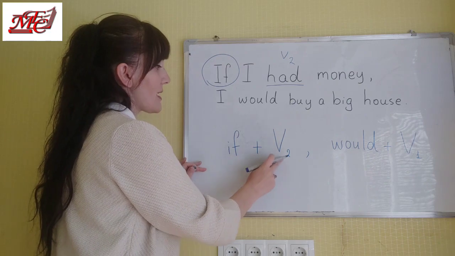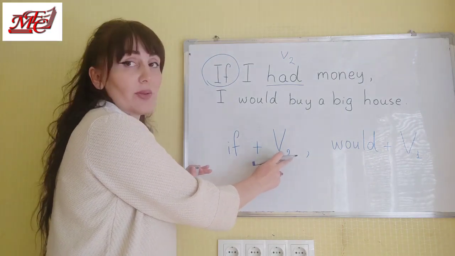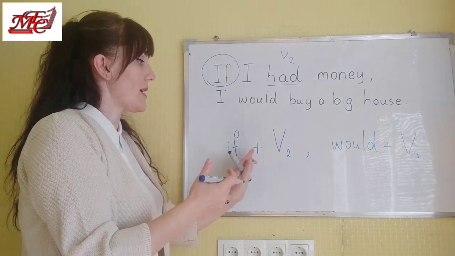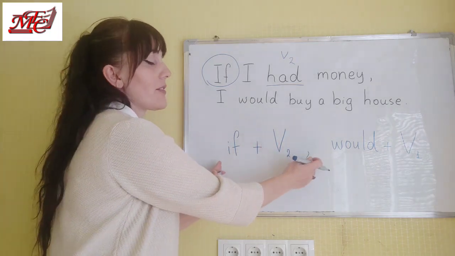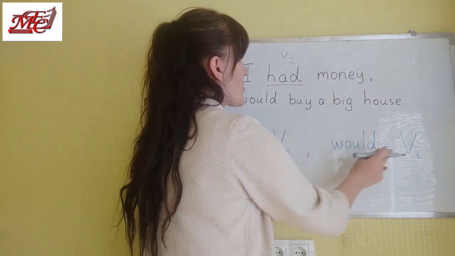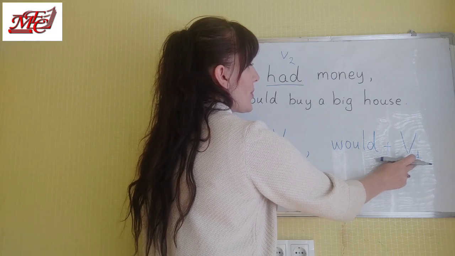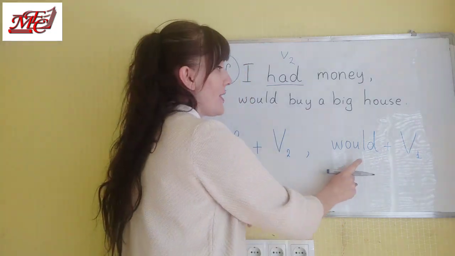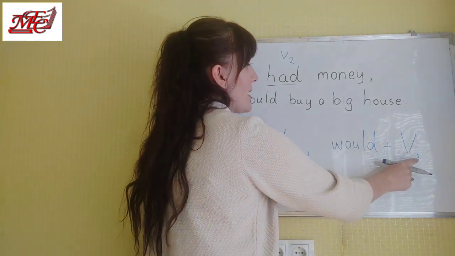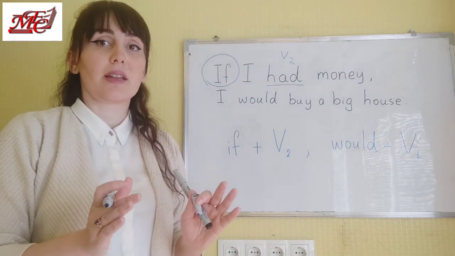So if plus the second form of the verb, like past simple form. If plus past simple in the first clause of the sentence. In the second clause we use would plus the first form of the verb, okay, infinitive. So would plus infinitive without to, would plus bare infinitive.